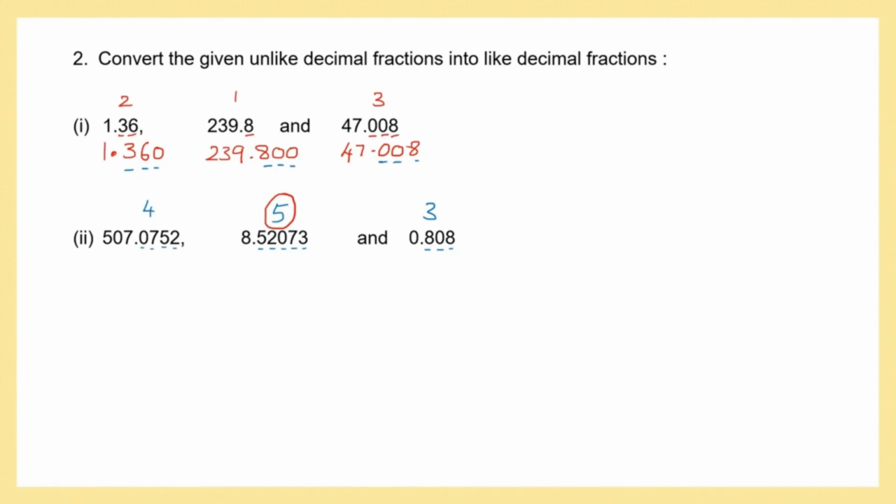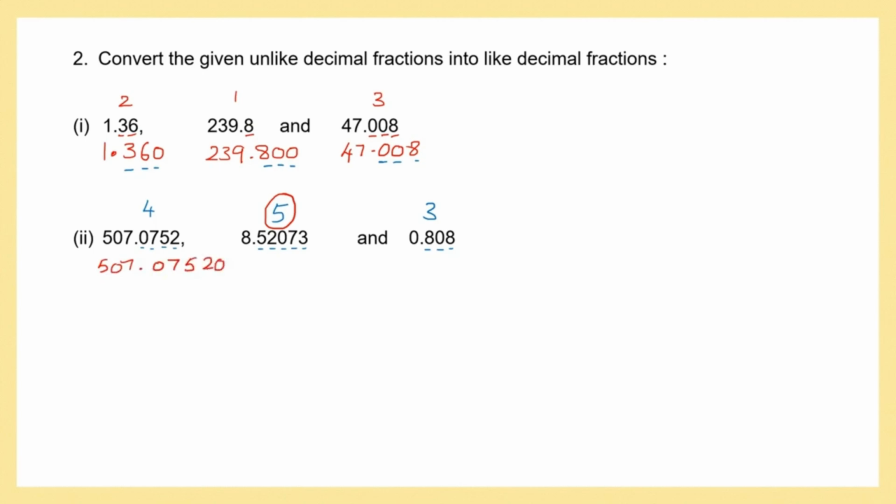So the second number has 5 decimal places, so we're going to see that all the numbers have 5 decimal places. So let's start. 507.0752 and we add a 0.